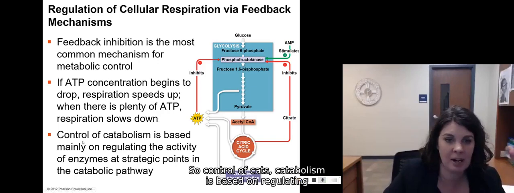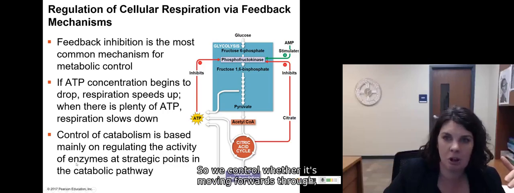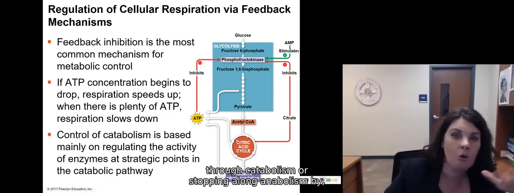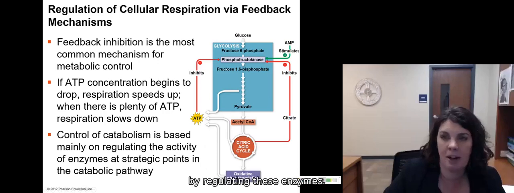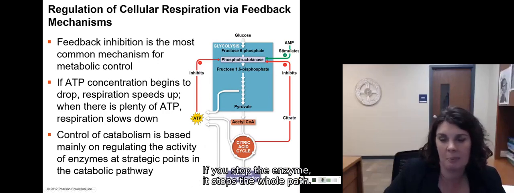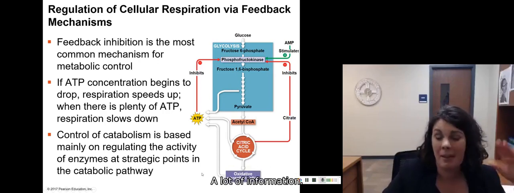So control of catabolism is based on regulating the activity of enzymes at strategic points. So we control whether it's moving forwards through catabolism or stopping and allowing anabolism by regulating these enzymes. If you stop the enzyme, it stops the whole path, so you're not making any more ATP.